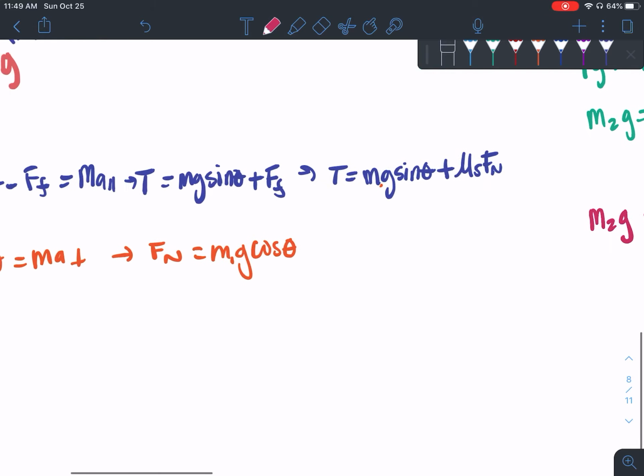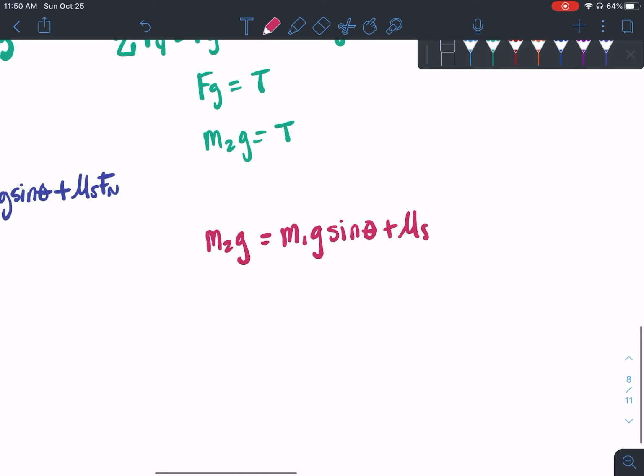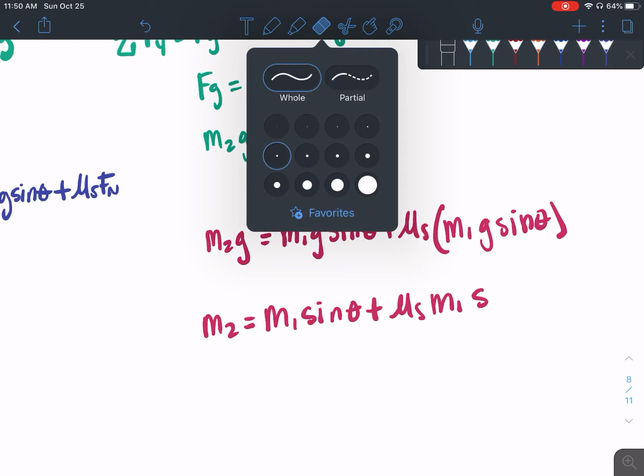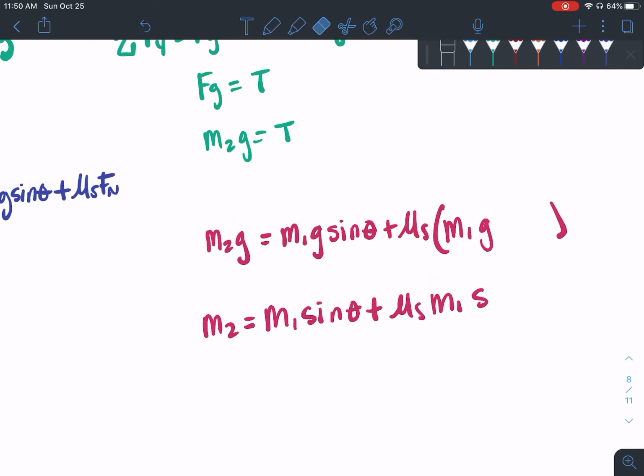Here, once again, I solved for force normal, so I need to make sure that I'm putting that in. Each of these terms has a g in it, so m2 is equal to m1 sine theta plus mu s m1 cosine theta.